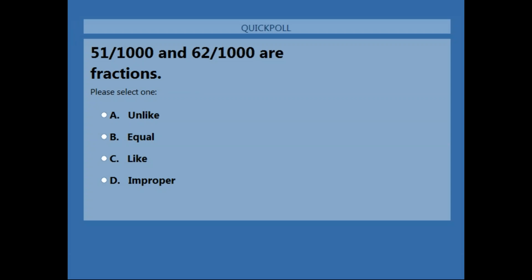51 over 1,000 and 62 over 1,000 are what? Are they unlike, equal, like, or improper?